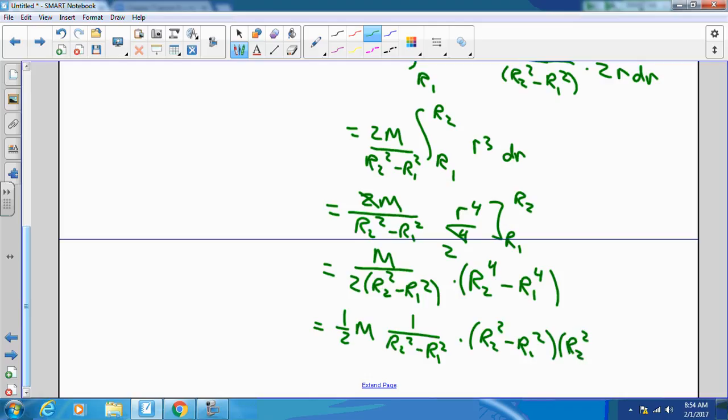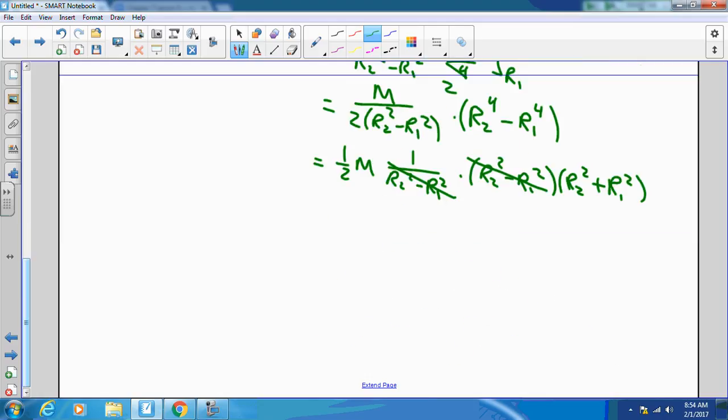And that is I get R2 squared minus R1 squared times R2 squared plus R1 squared. And these factors cancel. So that when the dust settles, I get a result that is not all that bad.